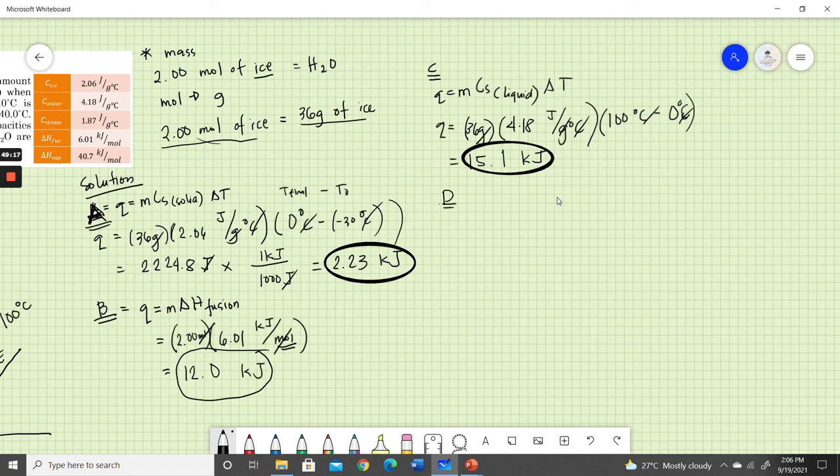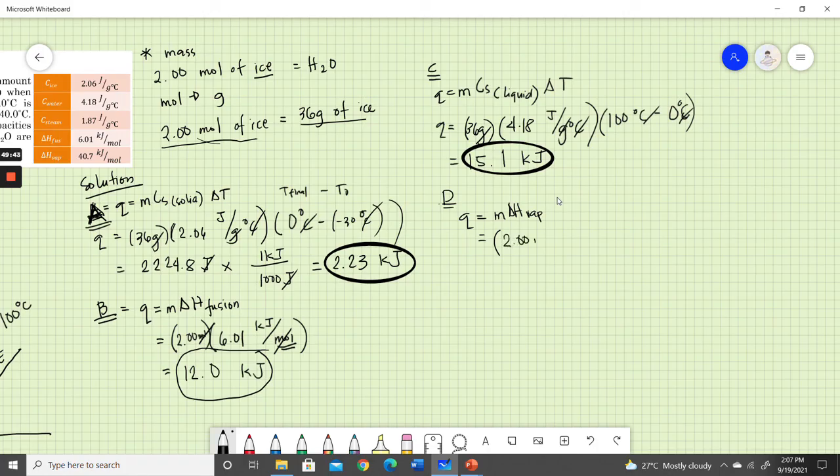Okay, the part where we have to use Q is equal to moles multiplied by delta H of vaporization. Again we have to use moles because they give us moles here, because they're equal anyway, right? 2 moles of ice is equal to 36 grams of ice.